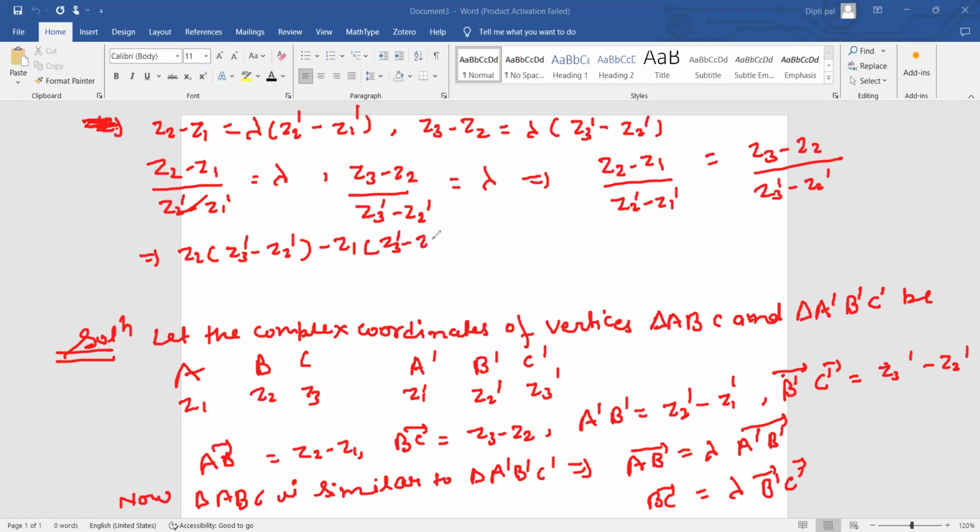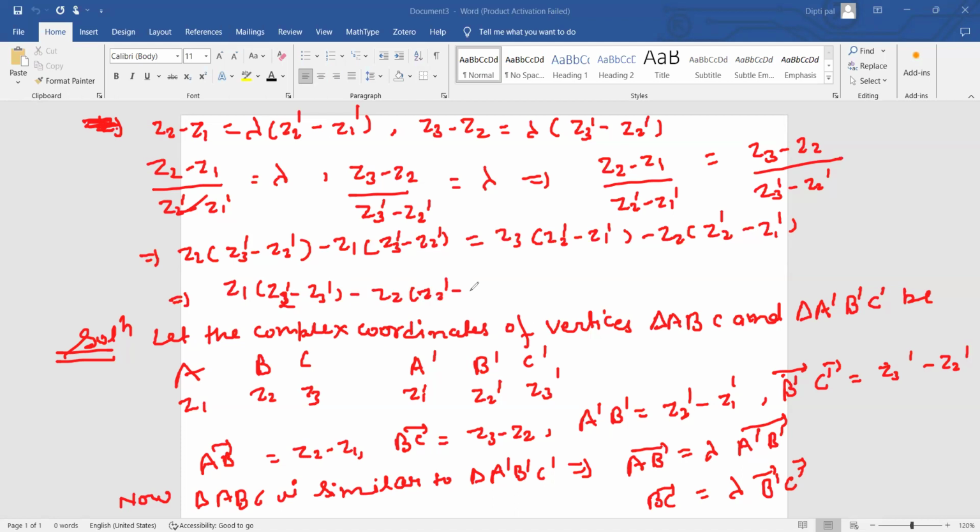So from this we get Z1 times Z3 dash Z2 dash minus Z2 times Z2 dash minus Z3 dash plus Z3 times Z1 dash minus Z2 dash equal to 0.